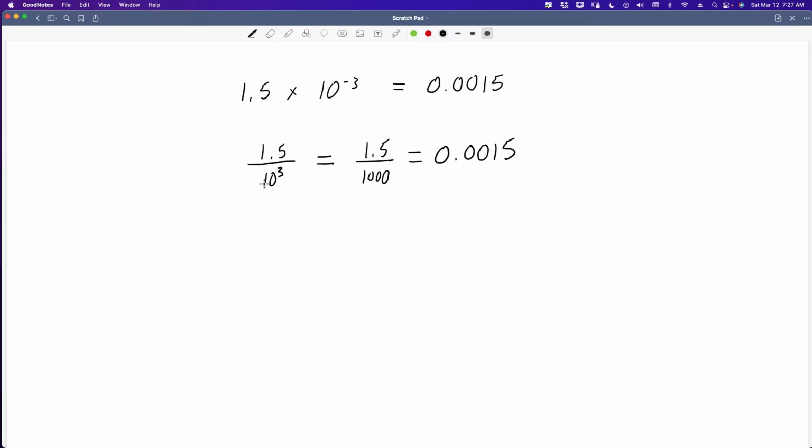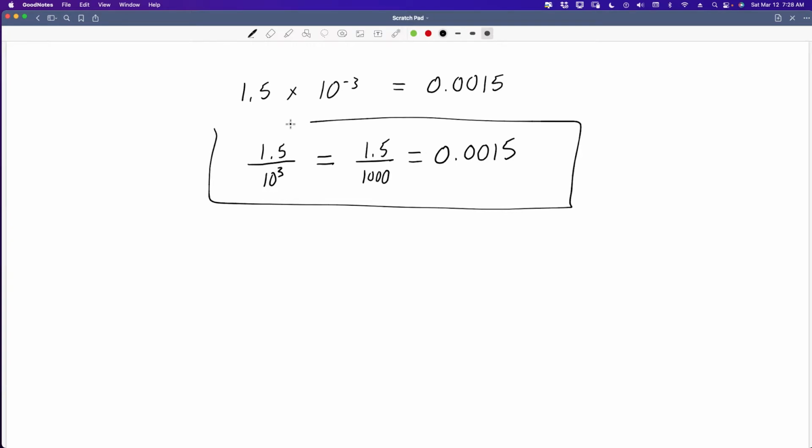We know it's just going to be 1 and 3 zeros because that's our exponent of 3. 1 and 3 zeros divided by that number and you get the right answer. So if you need to check your scientific notation result whenever you multiply it out, you can do it this way. This is a great checking method for scientific notation.